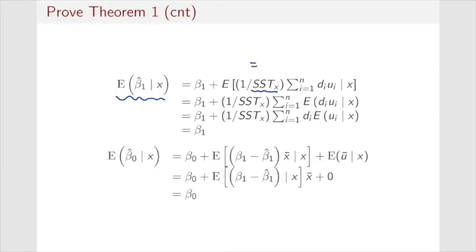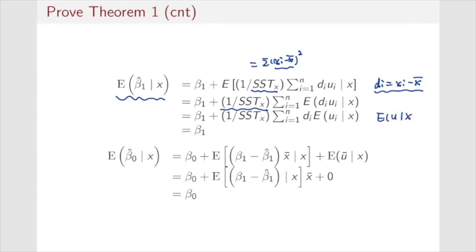So here, like the SSTx, which is the total sum of squares for the xi, it's all about the x, so we can take it outside of the expectation, which is here. And this di can also be taken out of the expectation because di is xi minus x bar. All of them are also about the x.